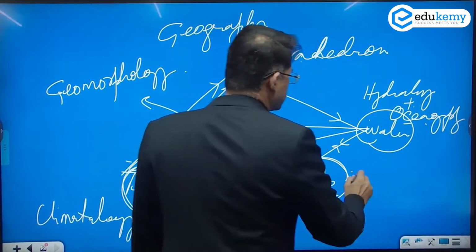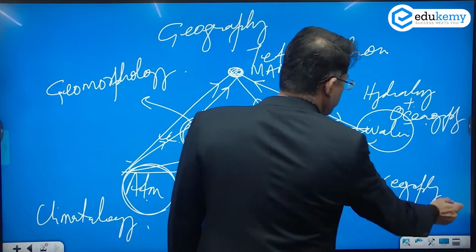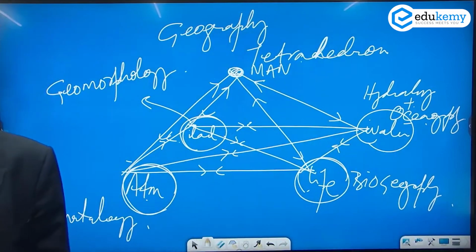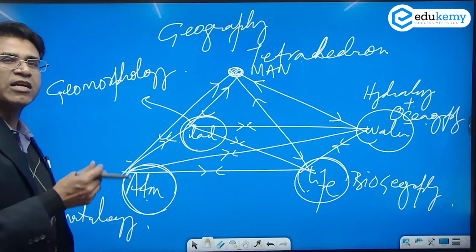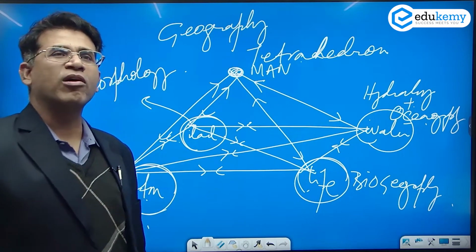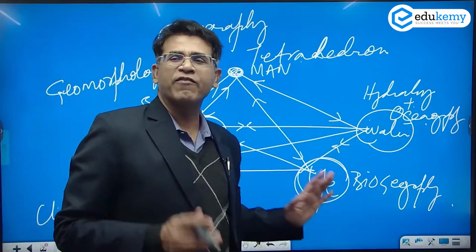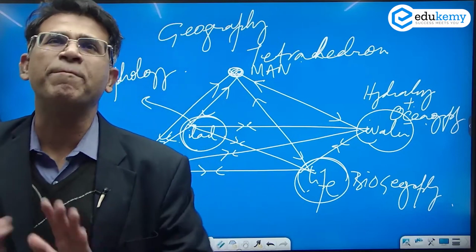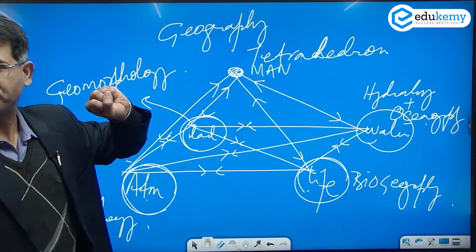And life is biogeography. The four realms of the earth and nature. The land, geomorphology; the atmosphere, climatology; the water is hydrology along with oceanography; and life is biogeography. Together, how they interact and how it impacts man.